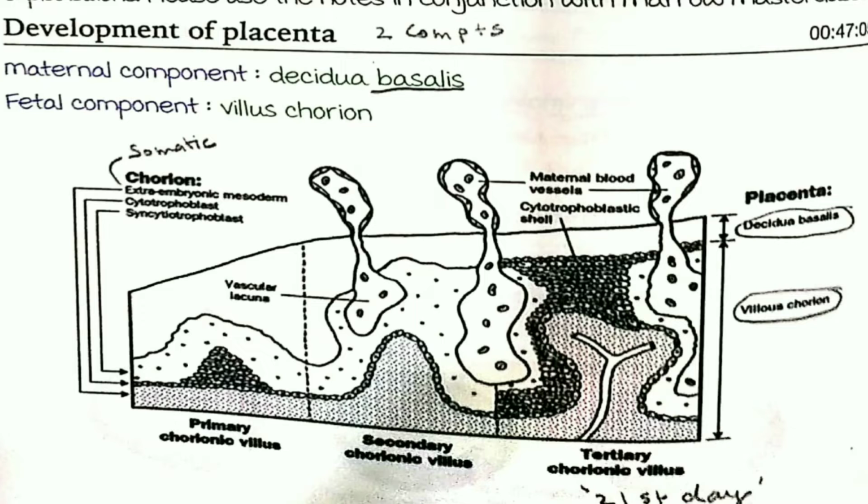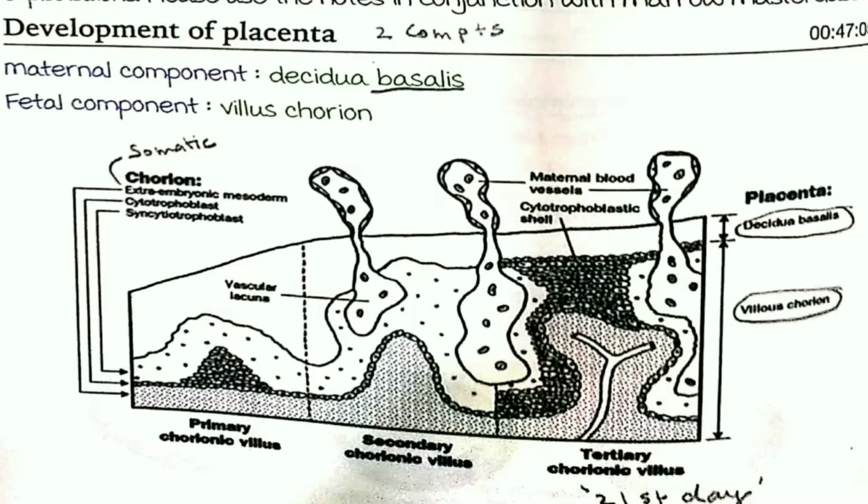The primary chorionic villi is the cytotrophoblast invading into the syncytial trophoblast, and the secondary chorionic villi is formed when this somatic extraembryonic mesoderm core also invades into the primary chorionic villi. Then we have the secondary chorionic villi.